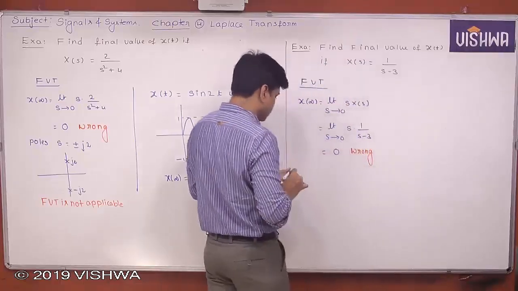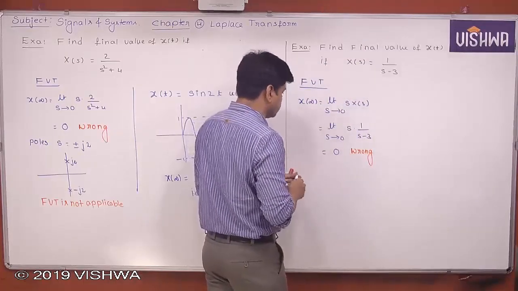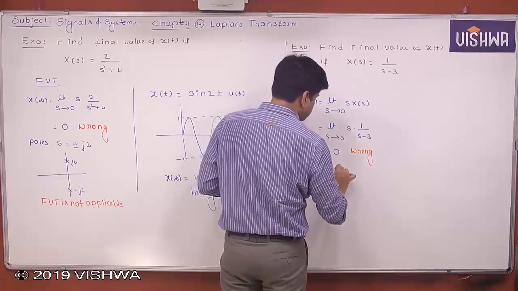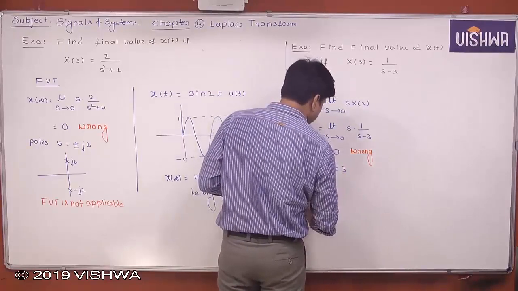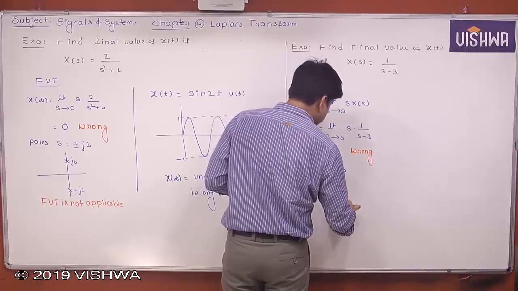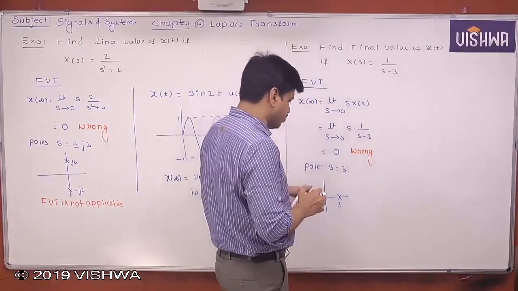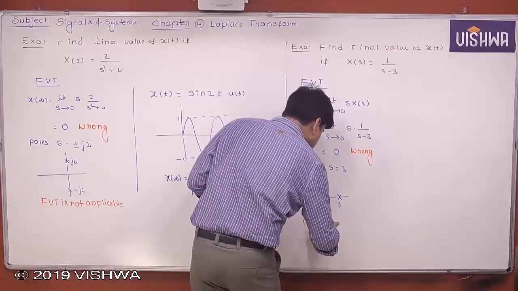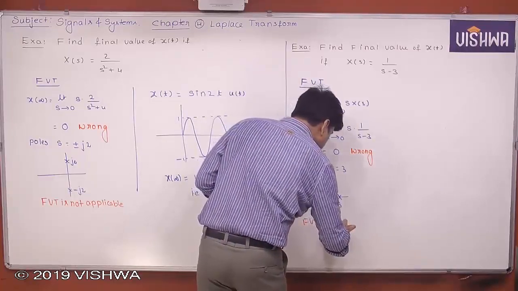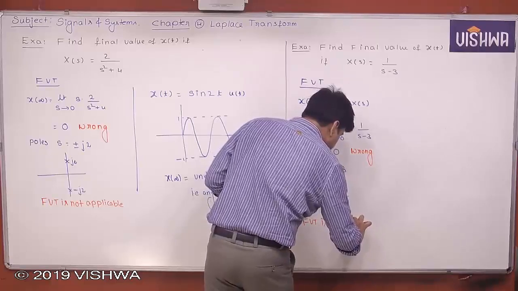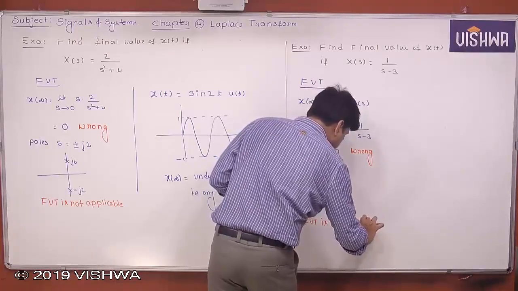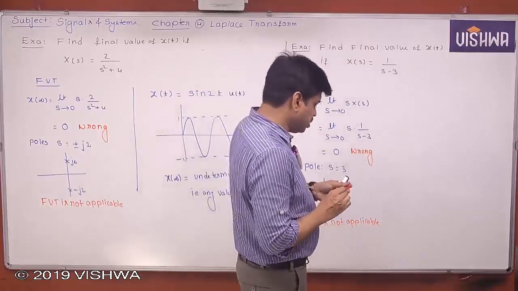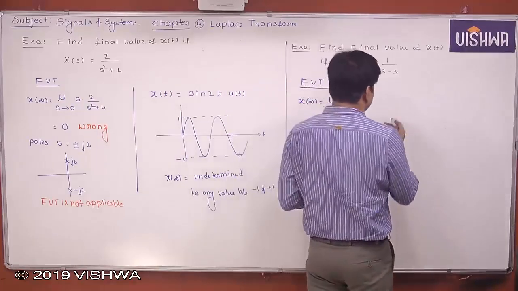Why? Because if I observe the pole here, s is equal to 3, which is on the right half of the s plane. So final value theorem is not applicable. If it is not applicable, then what can we do?